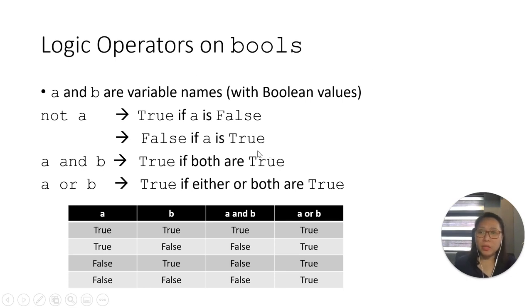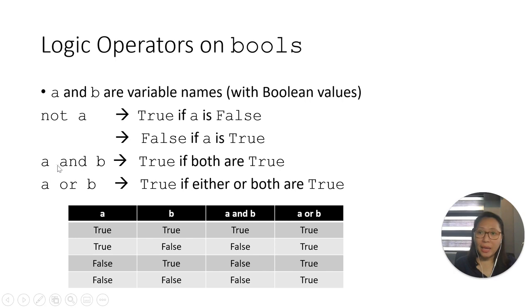For Boolean, if the values we want to compare are Boolean, we can use these operators: not, and, or. So not is inversion. Let's say a is a variable name with a Boolean value. Not a gives us true if a is false, and false if a is true.